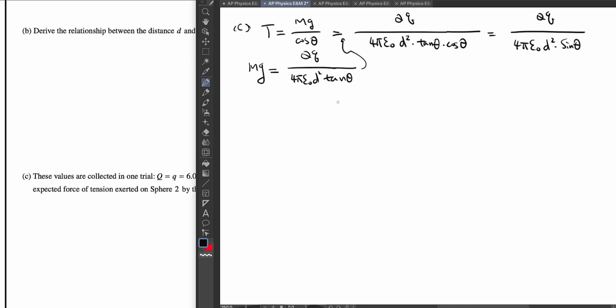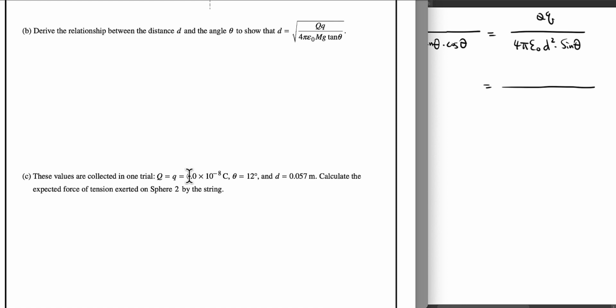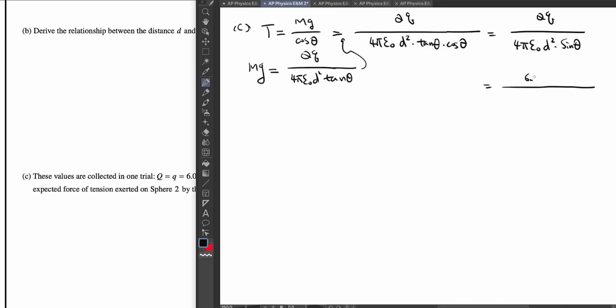Okay, so now we can plug in the numbers. Both Q are 6.0 times 10 to the negative 8 coulomb, so we're going to square that. And 1 over 4 pi epsilon naught is actually the Coulomb constant. So the Coulomb constant is 1 over 4 pi epsilon naught, which is 9.0 times 10 to the 9th.